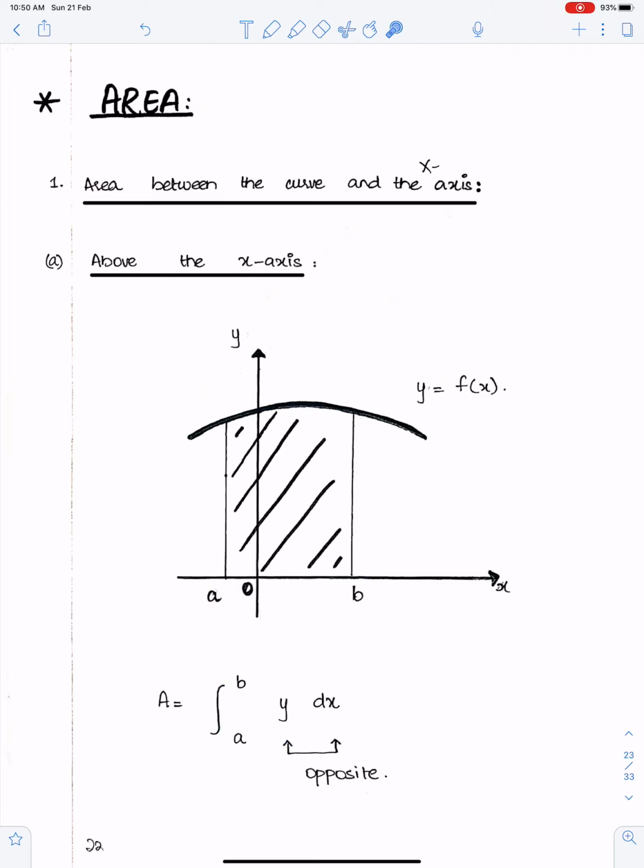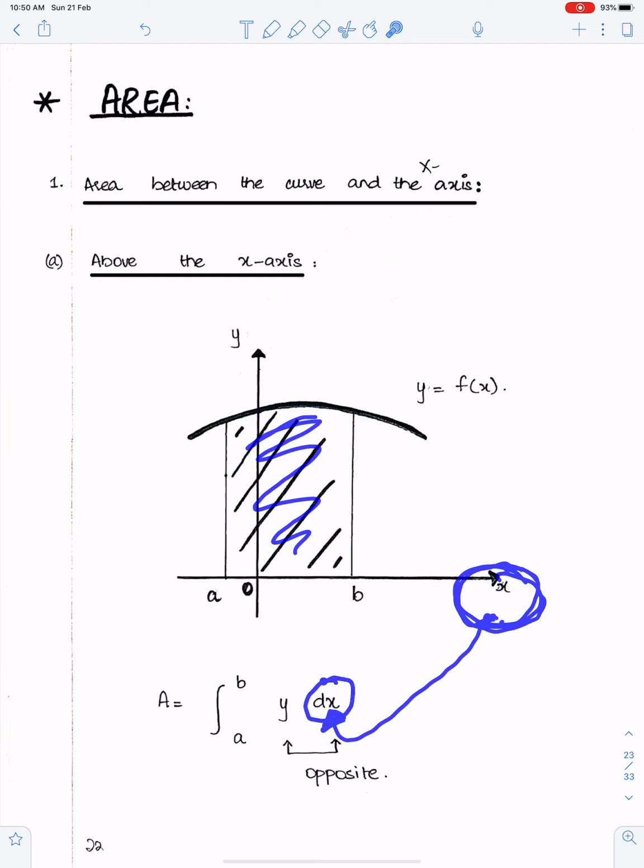Well, this area is between the curve and the x-axis. So the integral operator must be of the same type of variable. Since the area is between the curve and the x-axis, the operator should be of the x-axis, like dx. I mean, these two variables must be the same. This is the x-axis, so this must be dx.